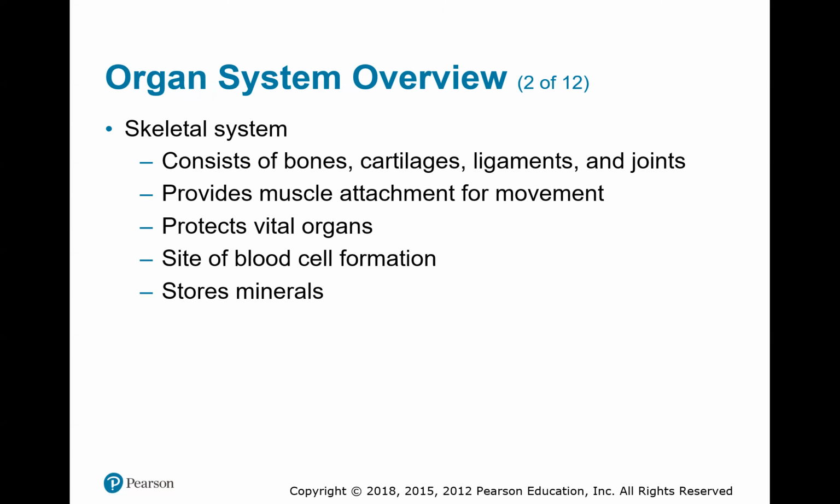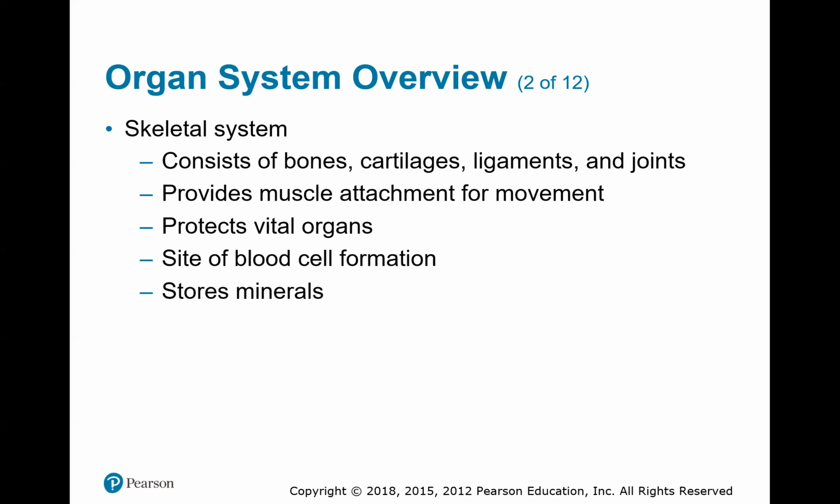Not only that, when we think about the skeletal system, we'll also discuss what's called hematopoiesis, which is blood cell formation. Believe it or not, you actually have blood cell production happening within your bones. It's happening within what's called the red bone marrow. And we'll discuss that further on, so you don't have to memorize that today.